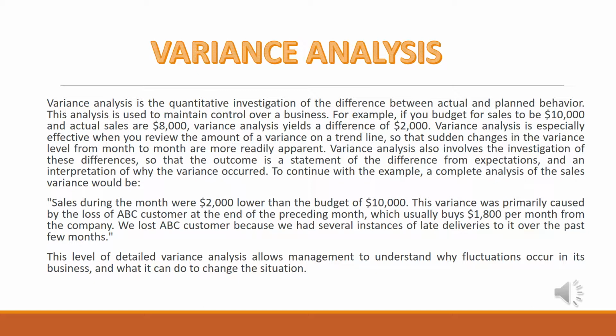We lost the EBC customer because we had several instances of late deliveries to it over the past 5 months. This level of detailed variance analysis allows management to understand why fluctuations occur in its business and what it can do to change the situation.